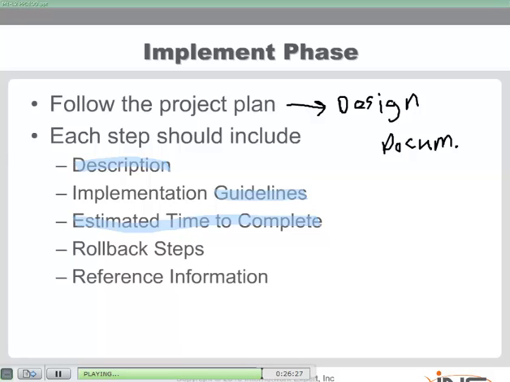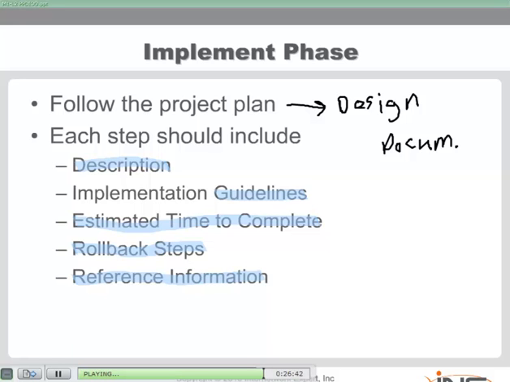If something were to go wrong, what are the exact steps to roll back this phase of the implementation, and any particular reference information which might help the implementer of the technology.